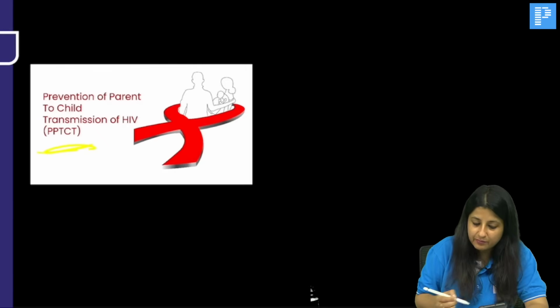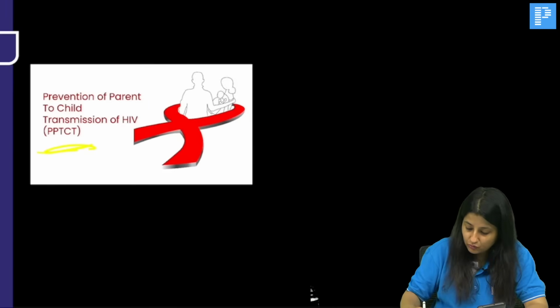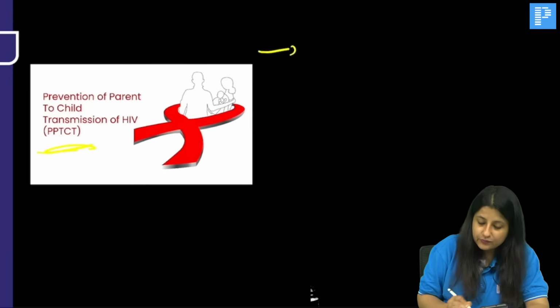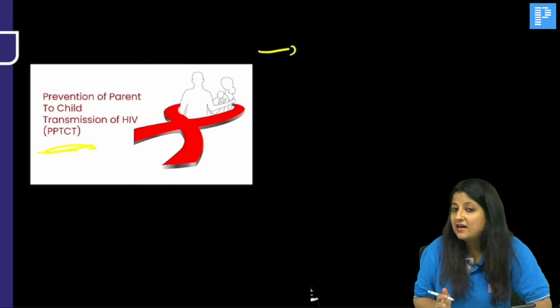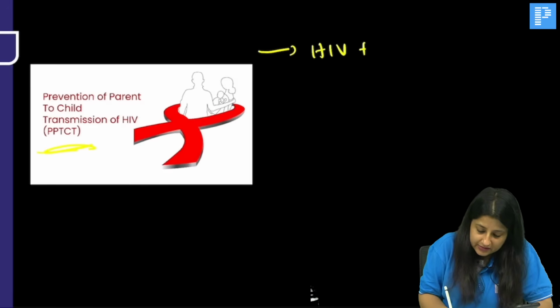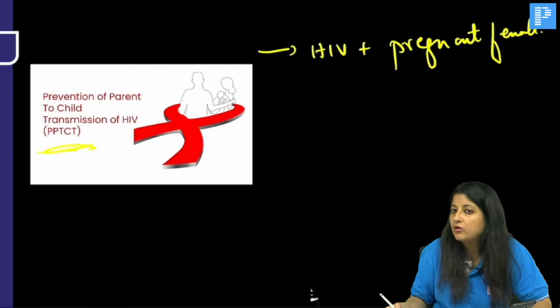So you have a red ribbon for HIV and you have a family. Not family planning. Now we have discussed it in our LRRs also. Suppose a woman is an HIV positive pregnant female. What is the drug of choice? What are you going to put her on?